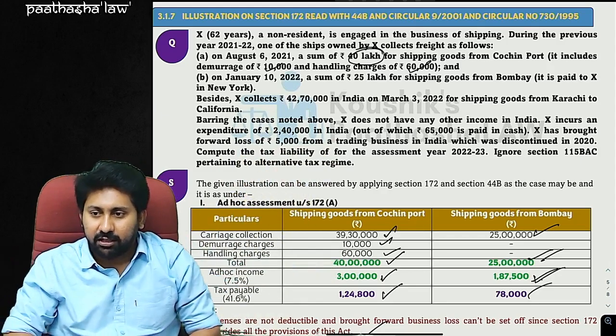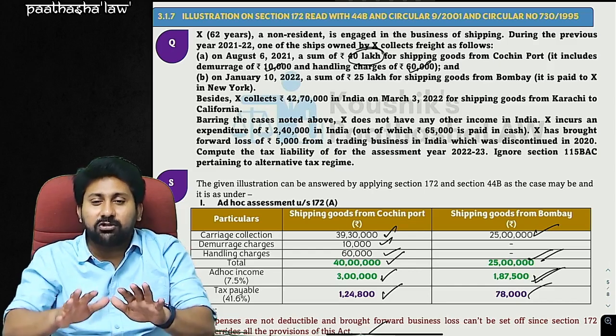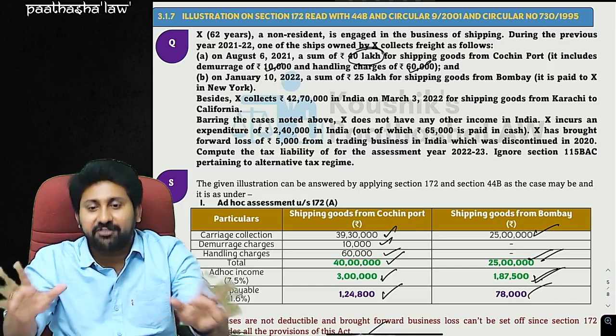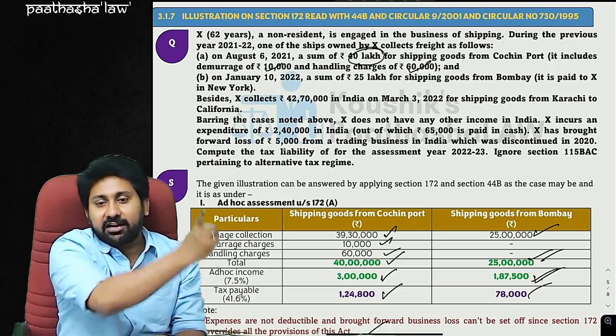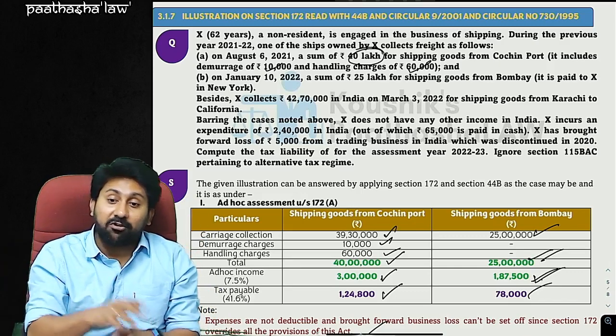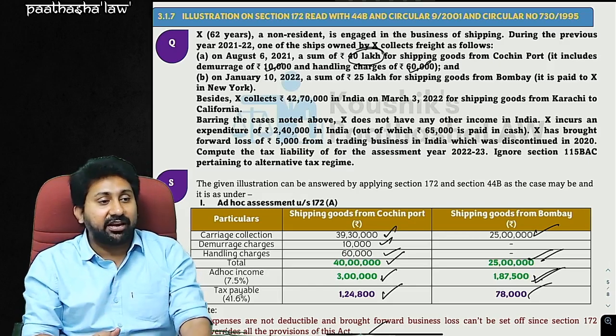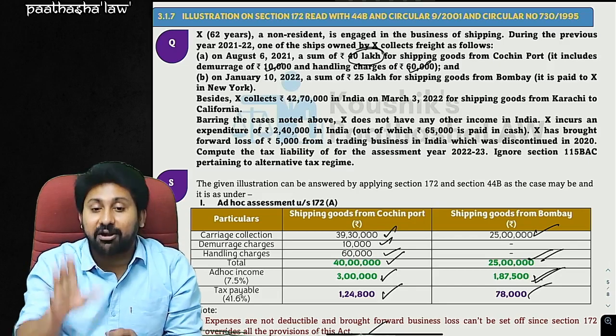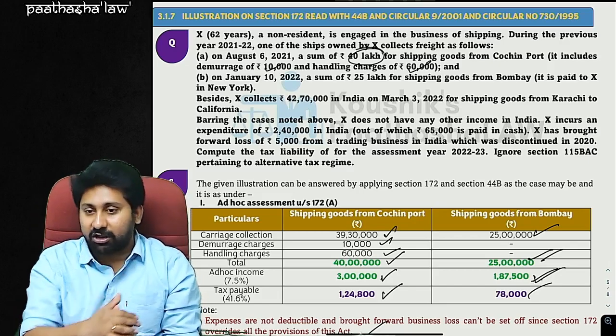We will cater. That means goods are nowhere related to India. They don't even touch the shores of India. The ship goes from Singapore directly to the UK through a different way. But the amount for that is collected in India for incurring expenses within India for their business. That also will come under 44B. 172 will not cover that.